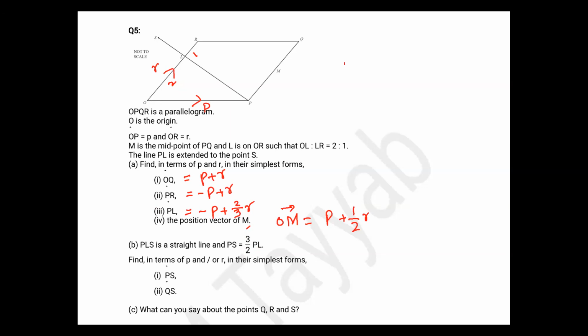Vector PS is 3/2 PL. And what is vector PL? Your vector PL from the third part is minus P plus 2/3R.